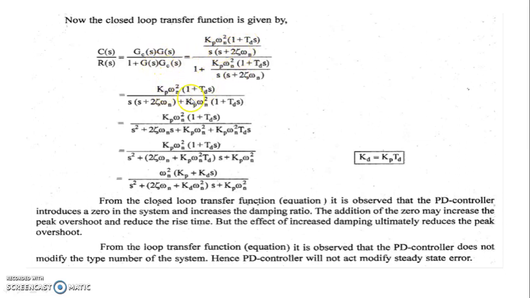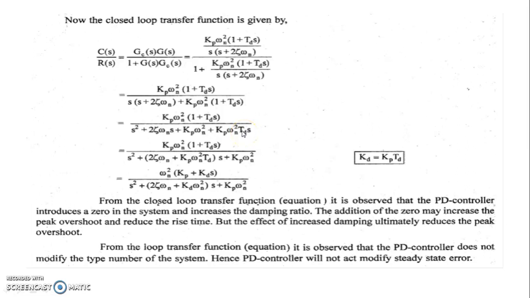After simplifying, we get Kp omega n square into (1 plus Td s) in the numerator. After taking LCM, these two terms cancelled, so the remaining denominator is s square plus 2 zeta omega n s plus Kp omega n square plus Kp omega n square Td s.